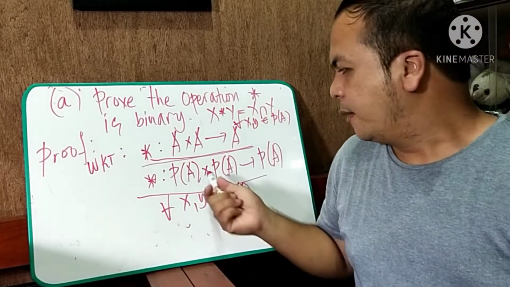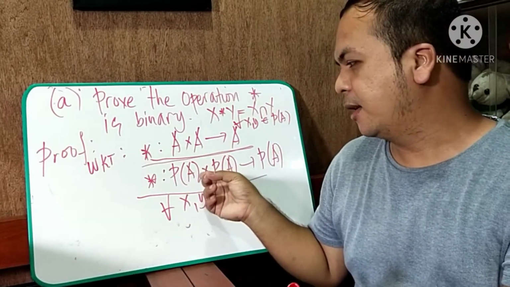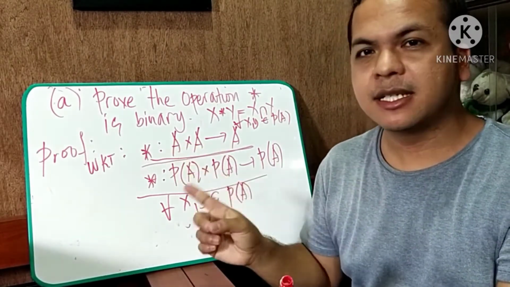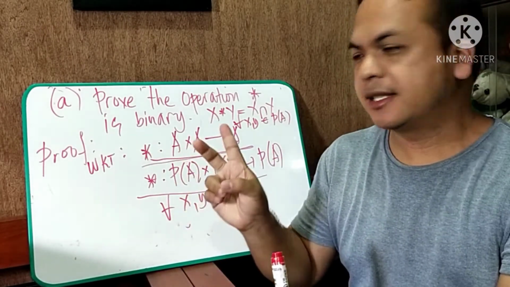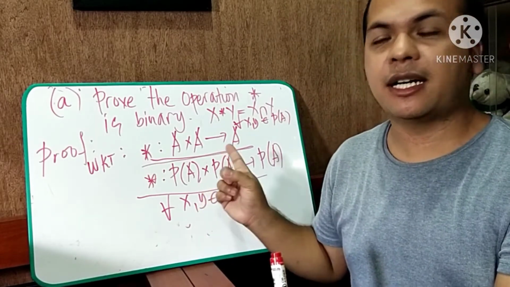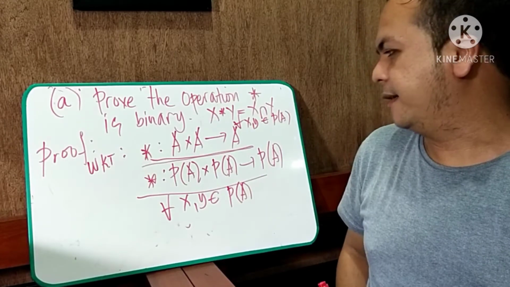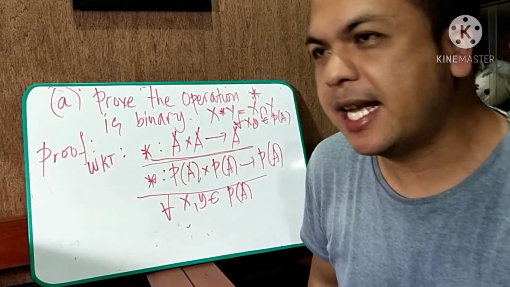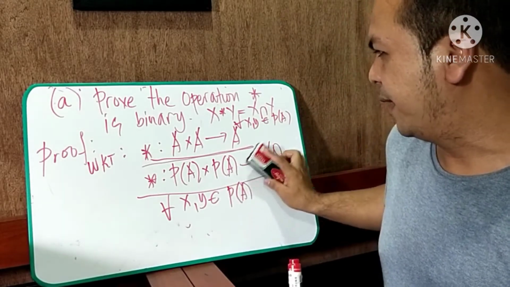Now, to further prove this, we will take some elements of P of A times P of A, or the Cartesian product or the cross product of P of A to itself. Okay. So, erase natin itong part na to kasi medyo limited tayo ng space.